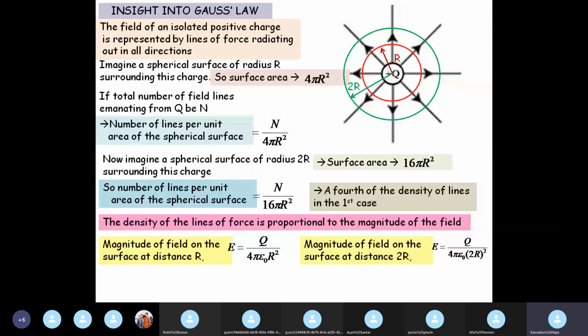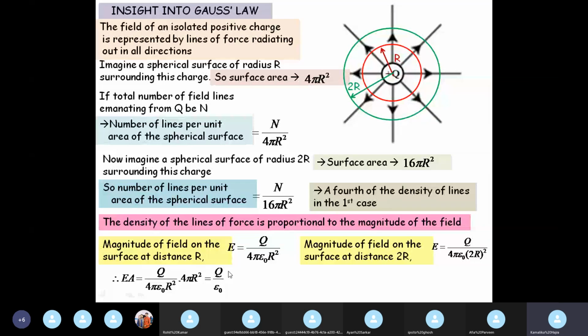However, now if you multiply the value of the electric field with the surface area of the sphere in consideration, for the red sphere, if you multiply E with A, then basically you are multiplying Q by 4 pi epsilon naught R square with the surface area, that is 4 pi R square.